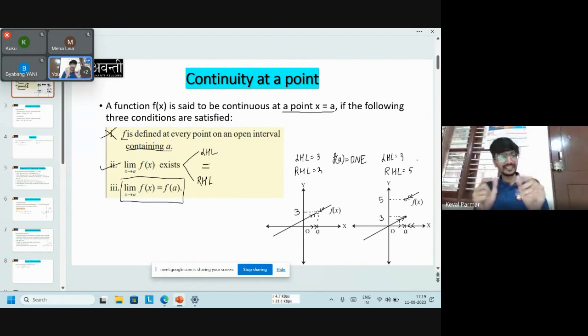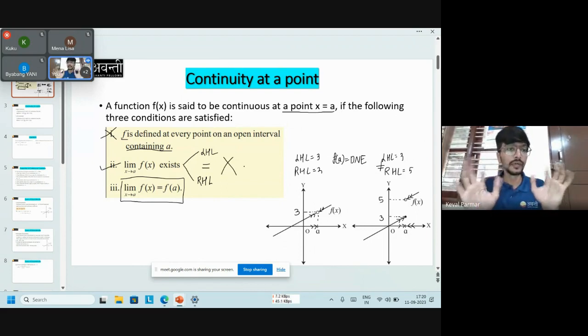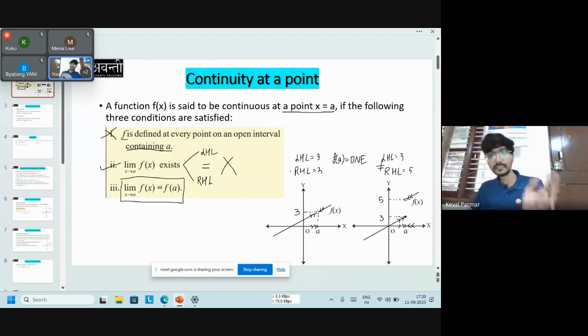So here I conclude that LHL is not equal to RHL, meaning the limit does not exist. And if the limit does not exist, the function cannot be continuous. You can clearly see from the graph that the function here is not continuous.